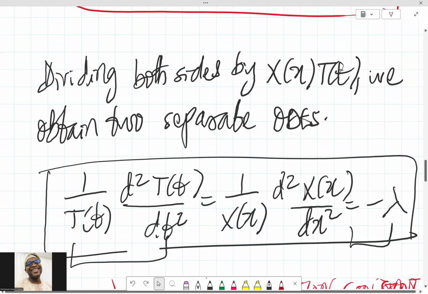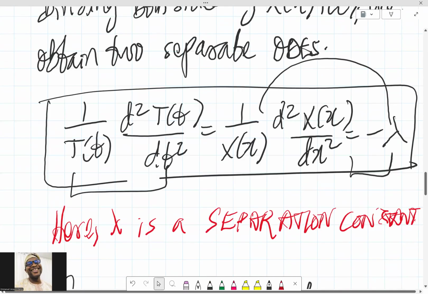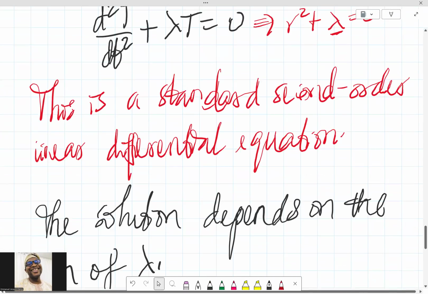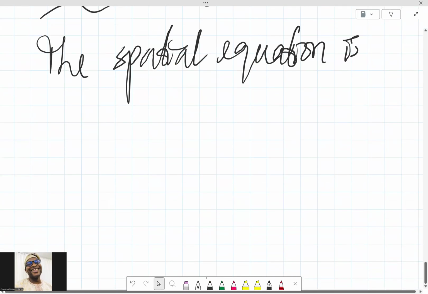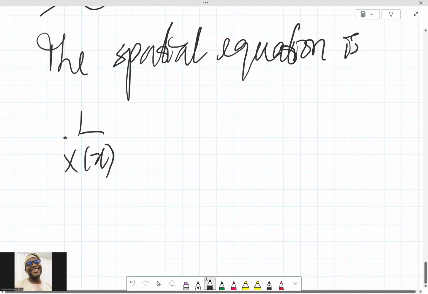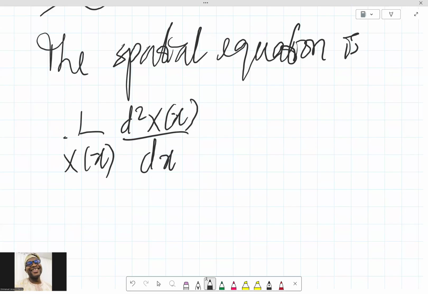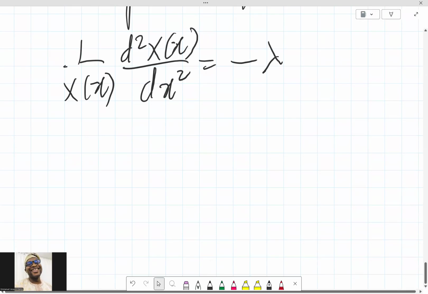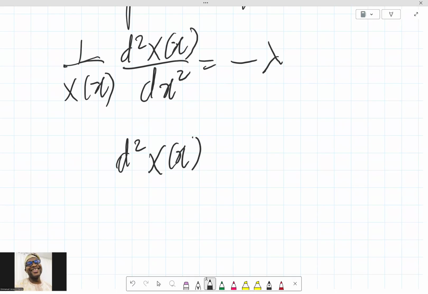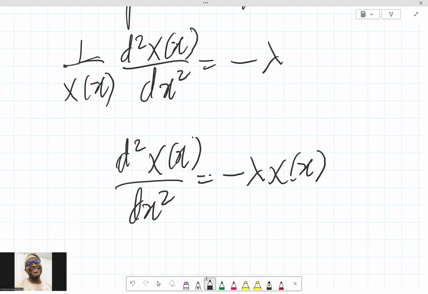This is equal to minus lambda. So we have 1 over X of x, d squared X of x over dx squared, times c squared, equals minus lambda. If we take that up, we have d squared X of x over dx squared equals minus lambda X of x.